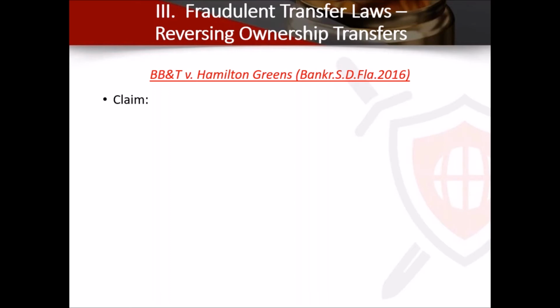You close with the title company keeping the proceeds, or you have a special account that has nothing else in it. Proceeds go into that account, and within a reasonable amount of time, you buy another Florida homestead. If you segregate the funds and do that, they're protected.